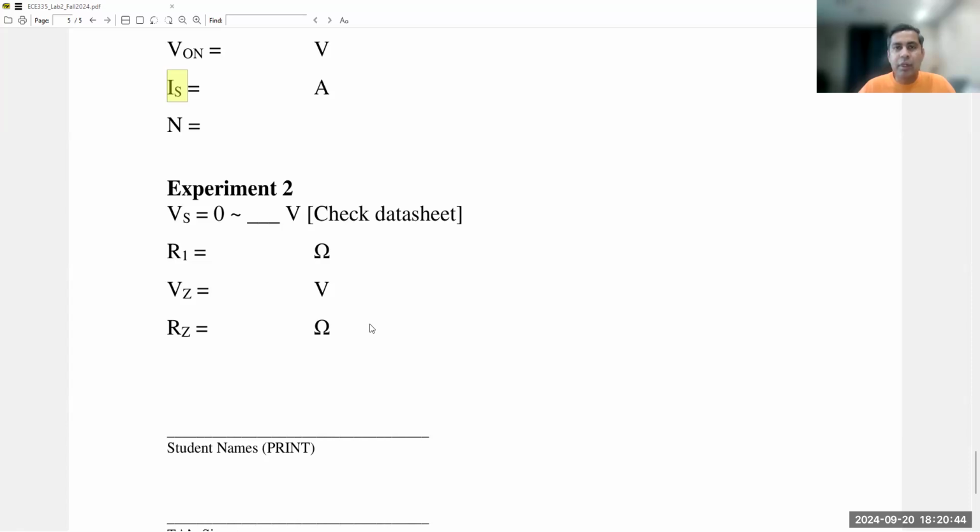Did you measure this value using an ammeter, or did you use a voltmeter or a multimeter to measure the voltage across the resistor? Unless you do the experiment yourself actively, you will not be able to answer those questions, and then it will reflect poorly on your overall lab performance.